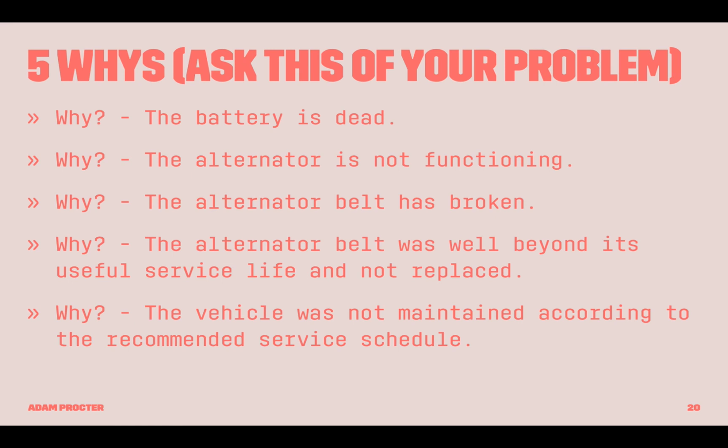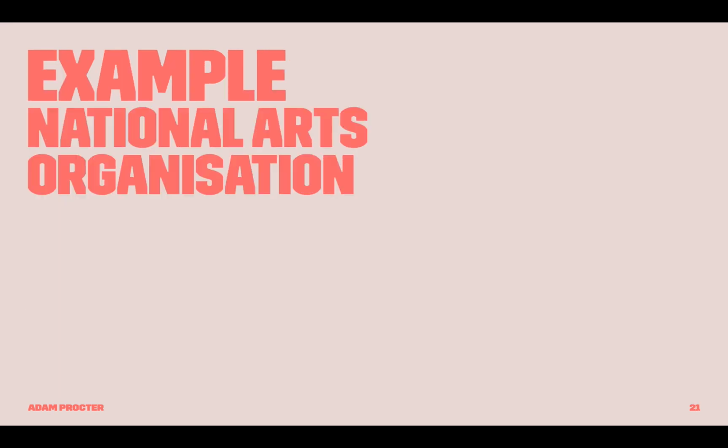So the cost in there, just by asking those first 3 whys, and then ensuring that if we're going to replace the alternator belt, we don't want to be replacing it for no reason because this vehicle is not being maintained. So putting in place a maintenance schedule would actually be the way to solve this problem in the long term. So that's really important. It's about framing and reframing the questions in ways to provoke deeper thinking. That's super, super important.